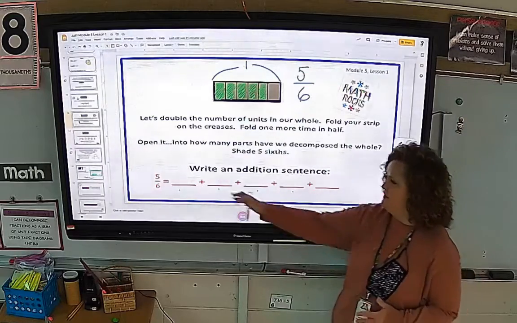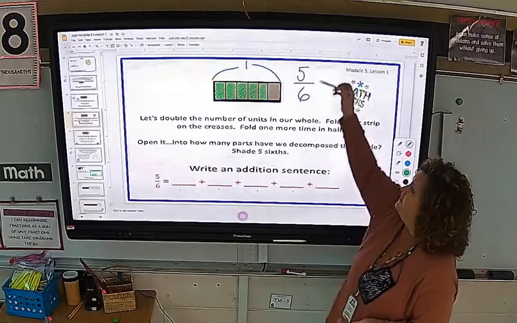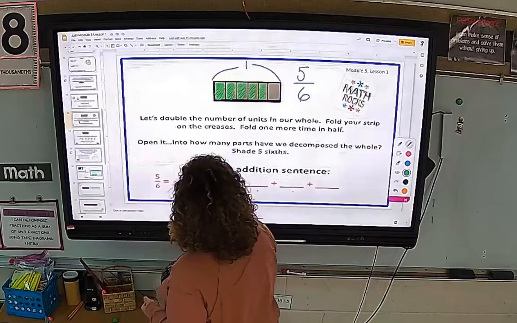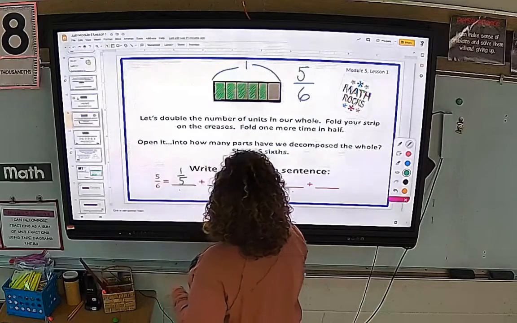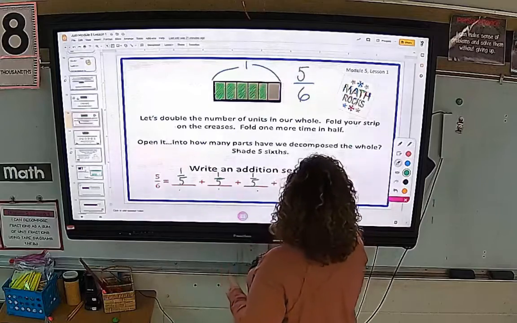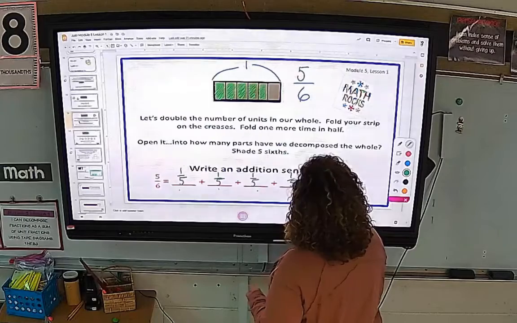So if we broke this into 5 pieces, what would our addition sentence be? Well, there's only 5 pieces shaded, so each of these would be 1/5, 1/5, 1/5. Whoop. I'm going to write that one backwards. 1/5, 1/5.